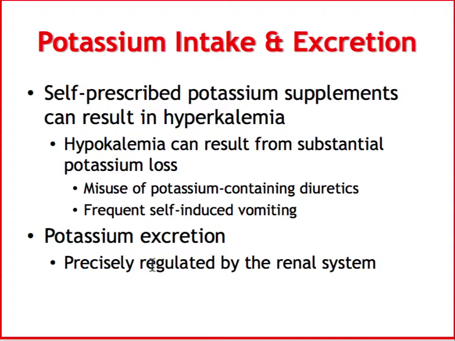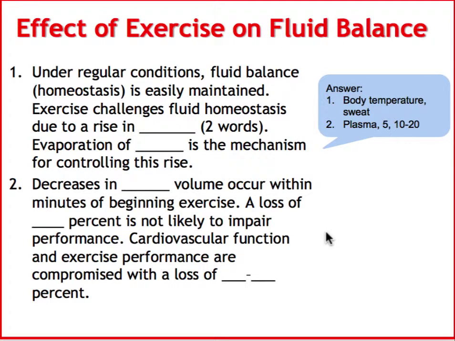Potassium excretion is precisely regulated by the kidneys, and we talked about that related to aldosterone. When your body releases aldosterone, it causes potassium secretion into the urine and sodium reabsorption into the blood.